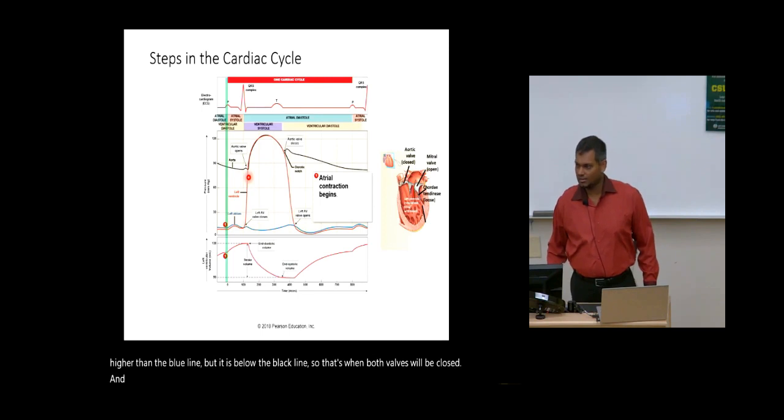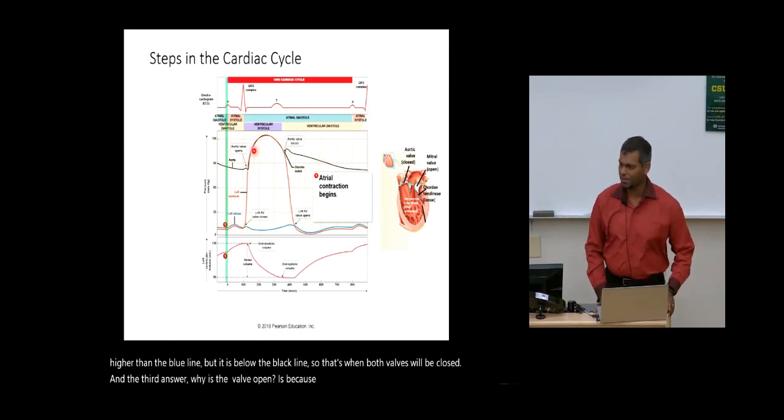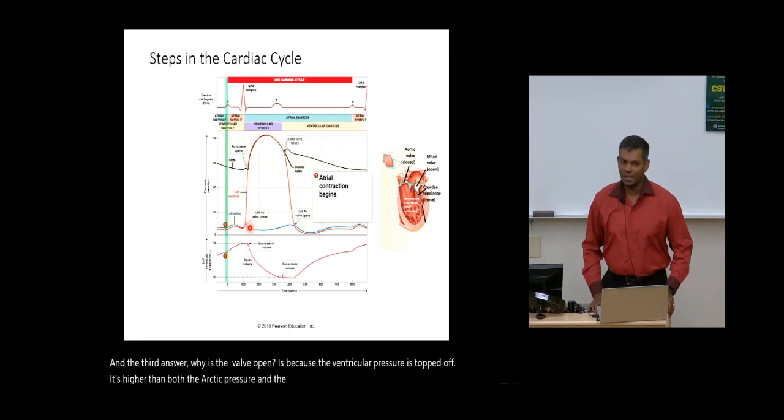And the third answer, why is the aortic valve open, is because the ventricular pressure is topped out, right? It's higher than both the aortic pressure and the atrial pressure. That is the reason why the third situation would be true.